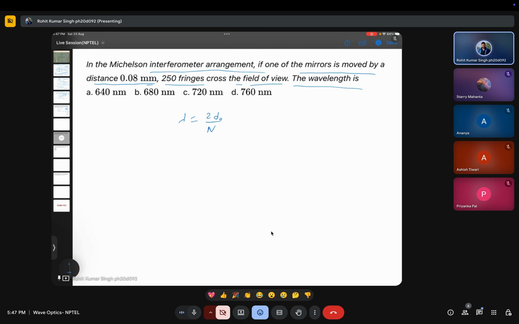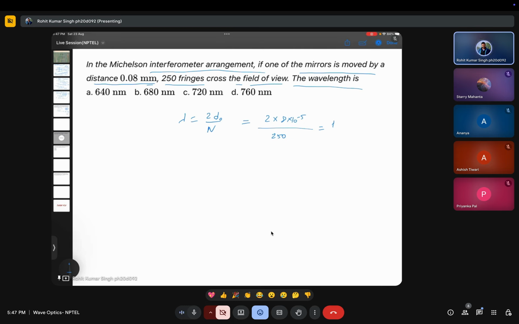d naught is the distance moved. So 2 into, in meters, 8 into 10 to the power minus 5 meter, and 250 fringes moving.